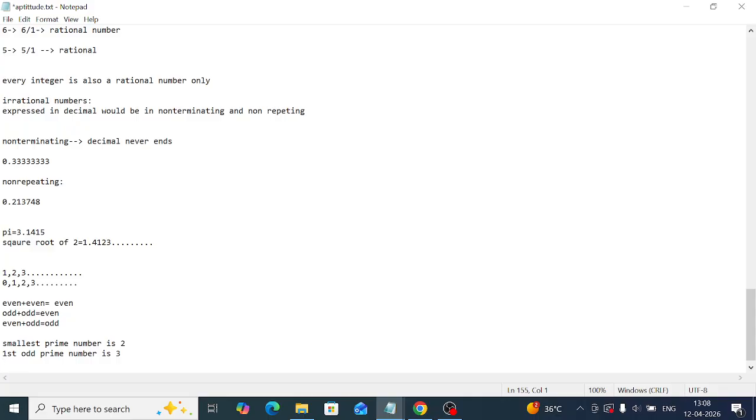Next, 1 is a unique number. It is neither prime nor composite.